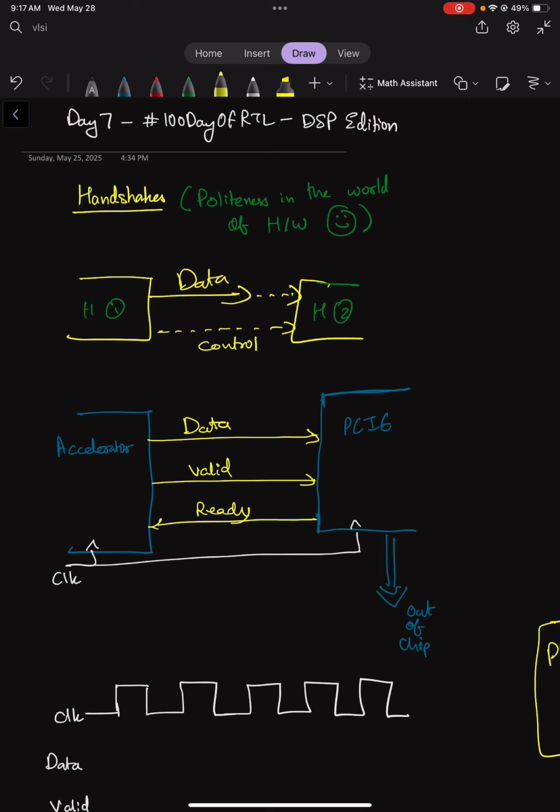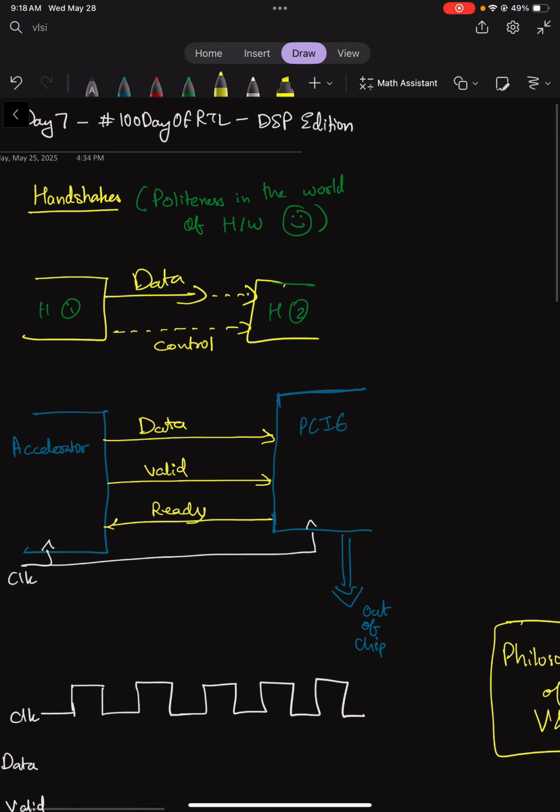It's the mechanism that's used to exchange data or control between the two hardware agents. In this specific scenario, we will look at data exchange, and we are looking at valid and ready handshakes.